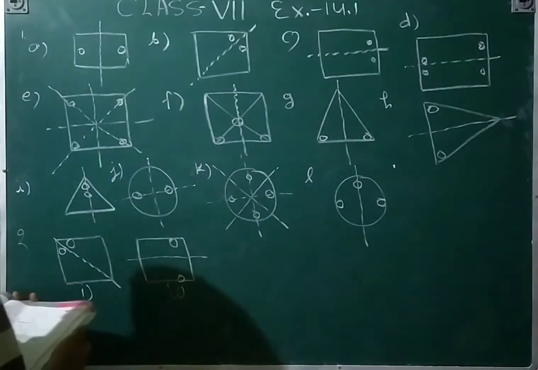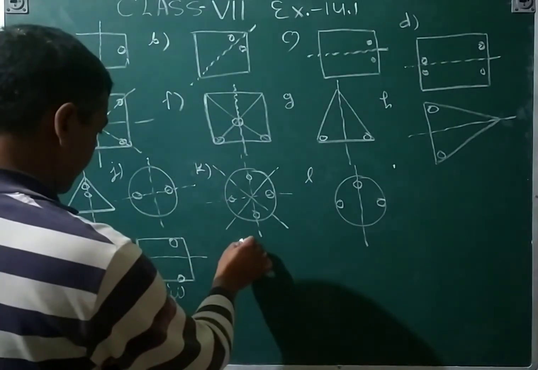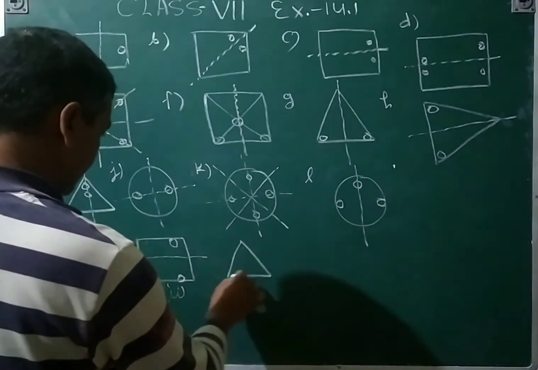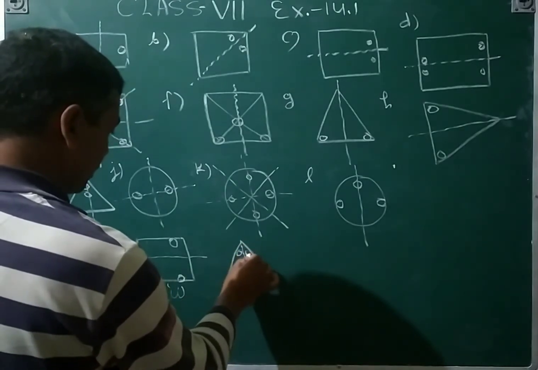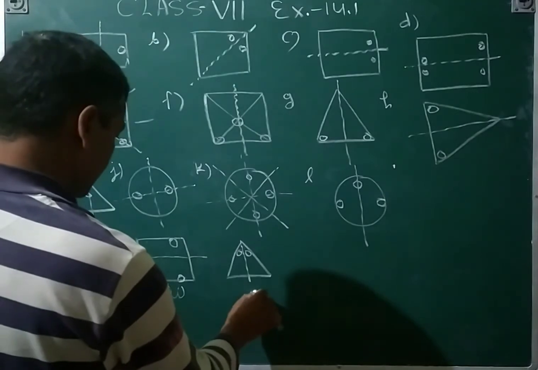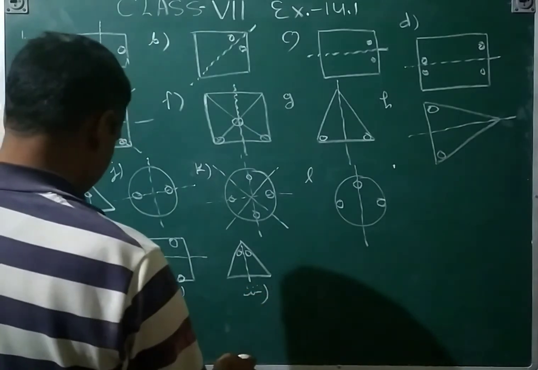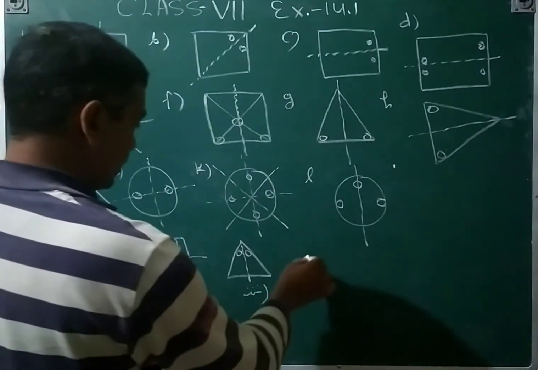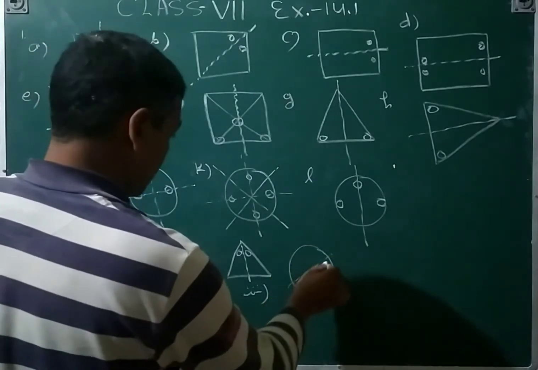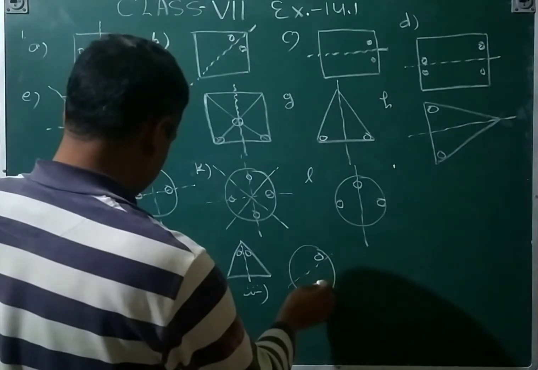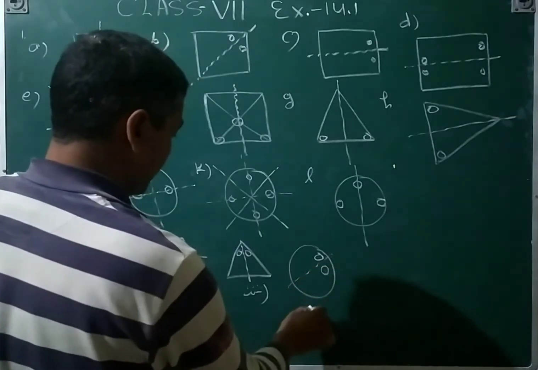Second part. Third part: the first hole is here, so the second hole must be here. Fourth part: a circle, and then folded at this one. If one punch is here, the next punch will be here.